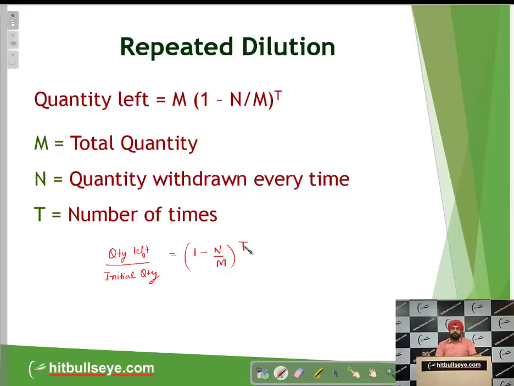Because so many times it is not given in absolute value but in terms of ratio. And when it is defined in terms of ratio, in that case we can apply this formula to represent the ratio of quantity left divided by initial quantity. We will learn it better with the help of an example.